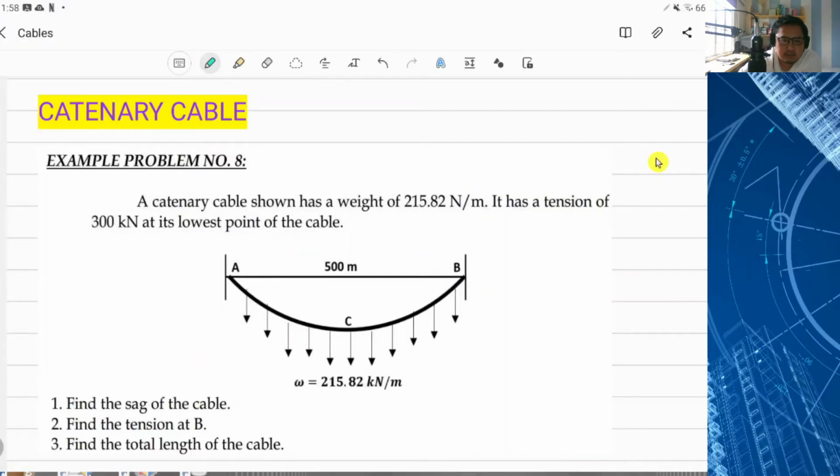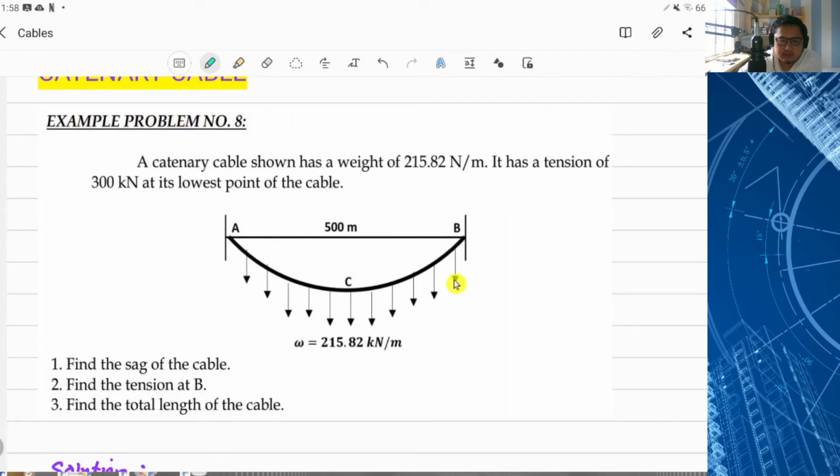Catenary cable, example problem number 8. A catenary cable shown has a weight of 215.82 newtons per meter. It has a tension of 300 kilonewtons at its lowest point of the cable. If you can see, the cable is symmetrical, so it's quite easy.